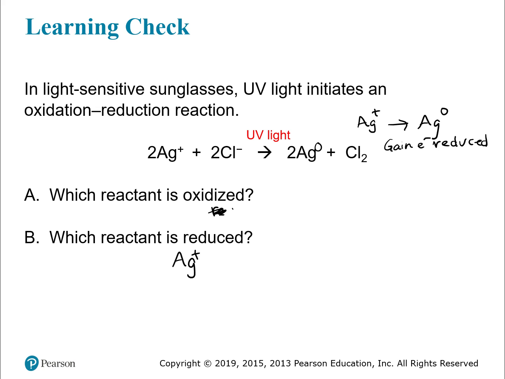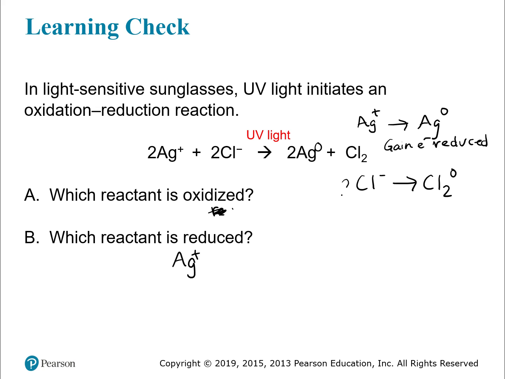Now, there's only 2 reactants, so that only leaves the chlorine, right? So we already know the answer to A, but let's just make sure we understand it. We're starting with the chlorine ion, which has a charge of -1. That means it's got an extra electron already.